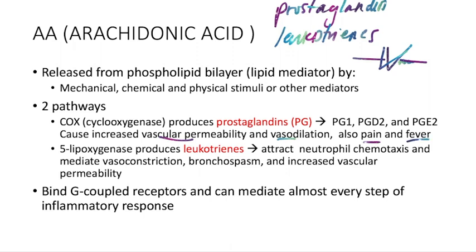The second pathway is 5-lipoxygenase, which produces leukotrienes. Leukotrienes will attract neutrophils, chemotaxis, and they also mediate vasoconstriction, bronchospasm, and increased vascular permeability. What happens then is they bind G-protein coupled receptors and can mediate almost every step of the inflammatory response. So arachidonic acid is high yield and heavily involved in your inflammatory response.